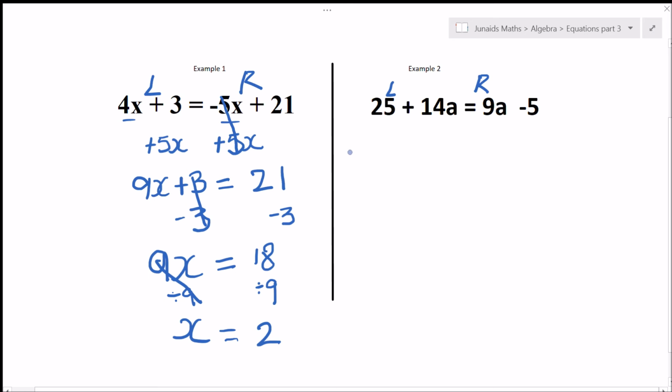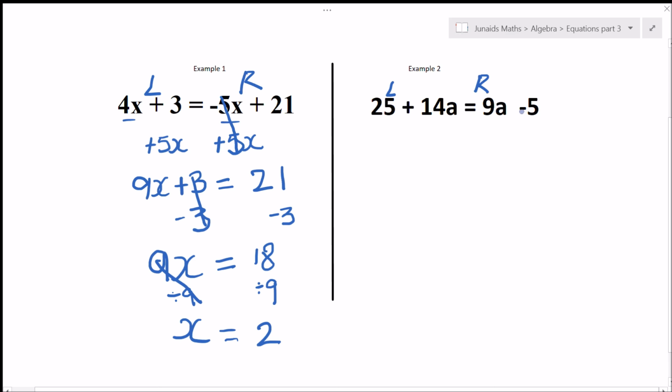Okay, so let's take the first step. First step, these alphabetic numbers, join them, or get rid of the alphabetic number from the right hand side. Now left hand side, leave that as it is for now, and if we get rid of this 9a, what do we do here?